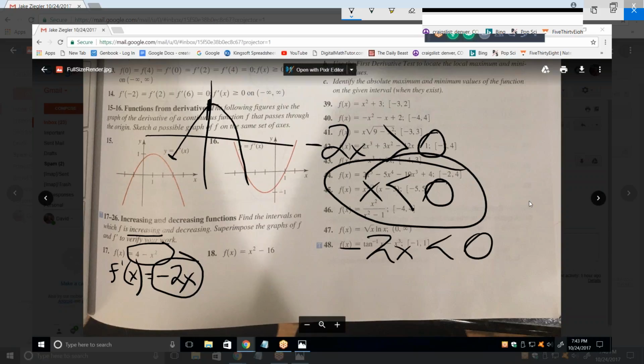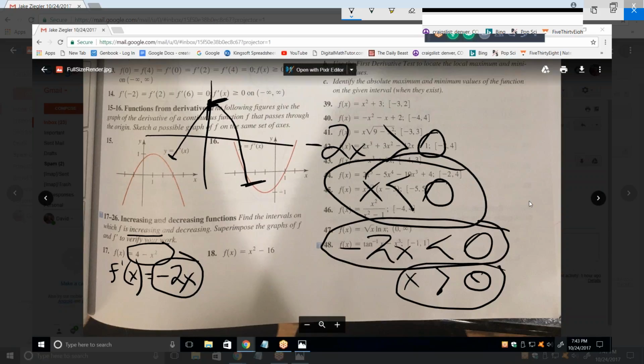Well, solve that, divide both sides, switch the direction because you're dividing by a negative number, and you get that whenever x is greater than 0, the function is decreasing because the first derivative is negative. That's what that means.